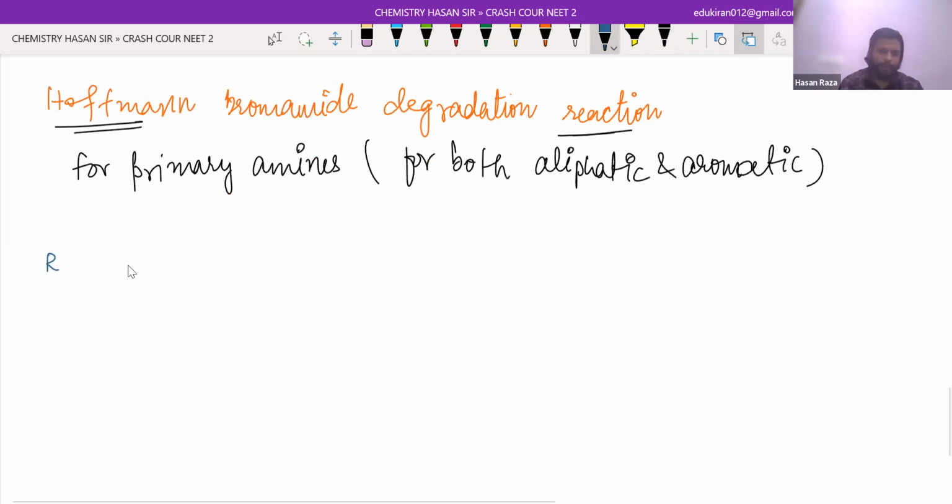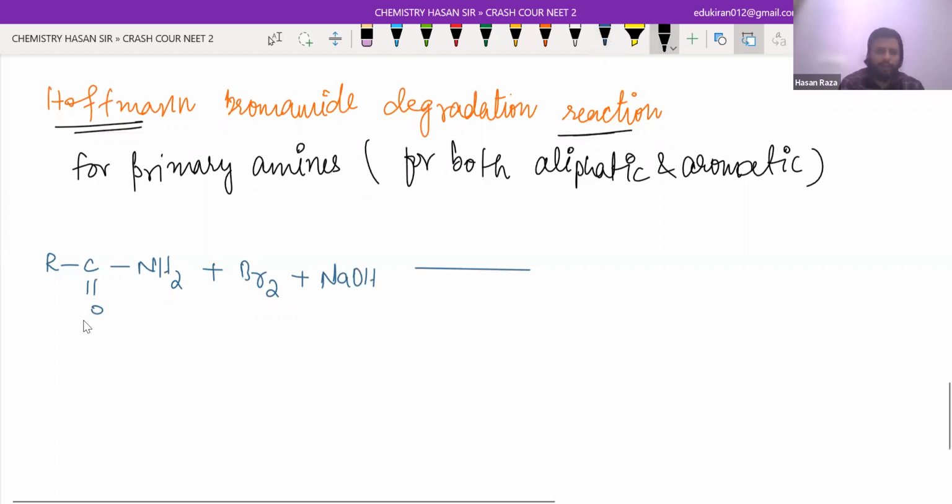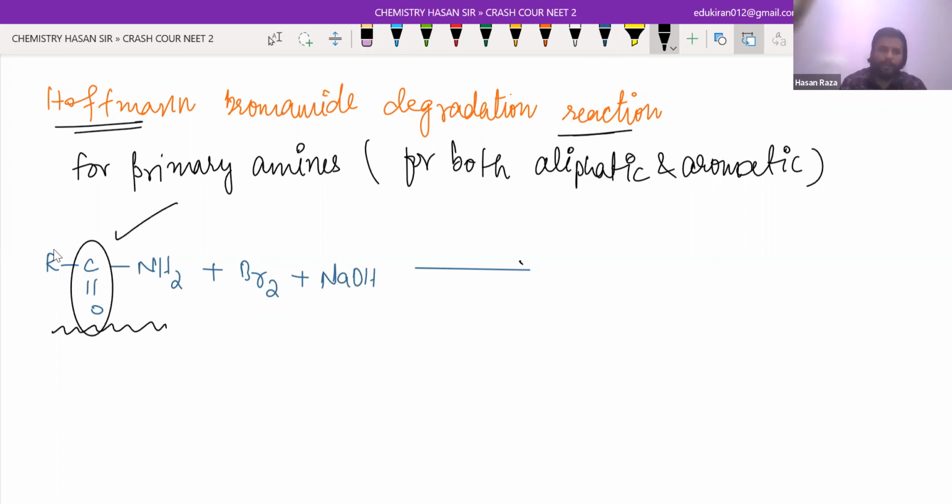If you have amide and you are going to react this with Br2 in the presence of NaOH or KOH, what will happen? Whatever is the number of carbon in amide, the number of carbon in amine will be lesser by 1 in this. So basically this part will be eliminated and it will be directly connecting with this and it will form amine.